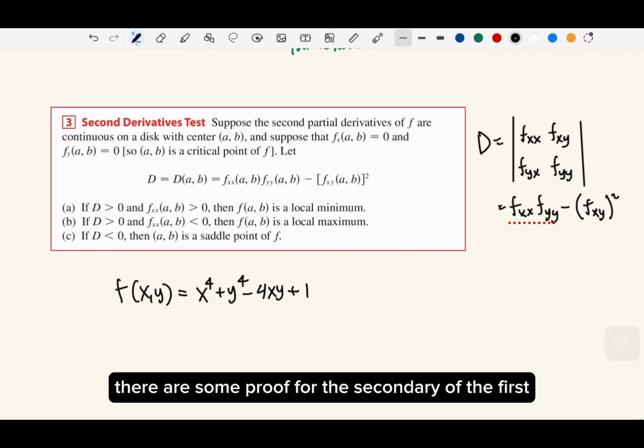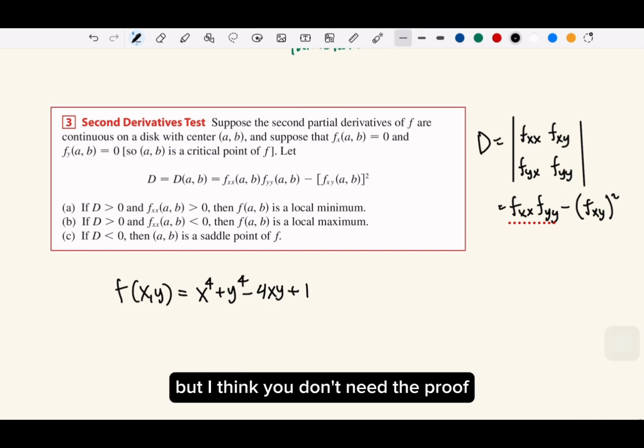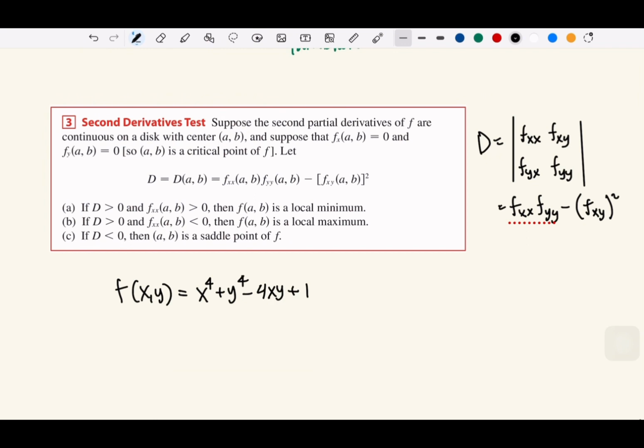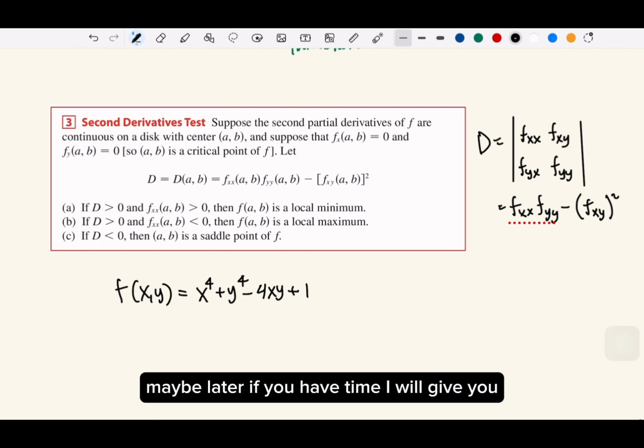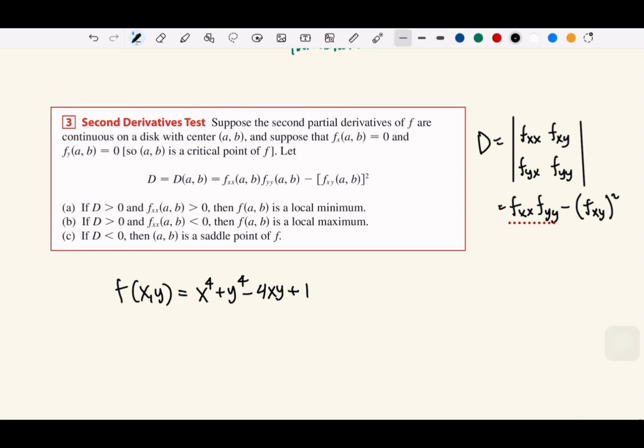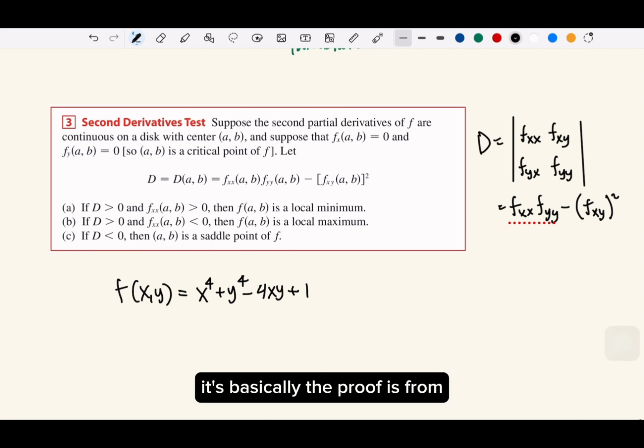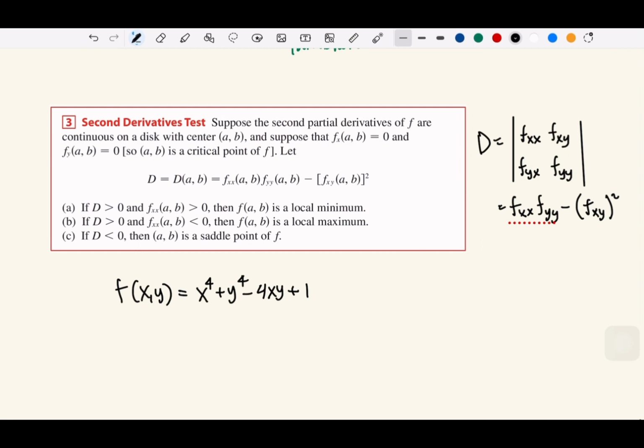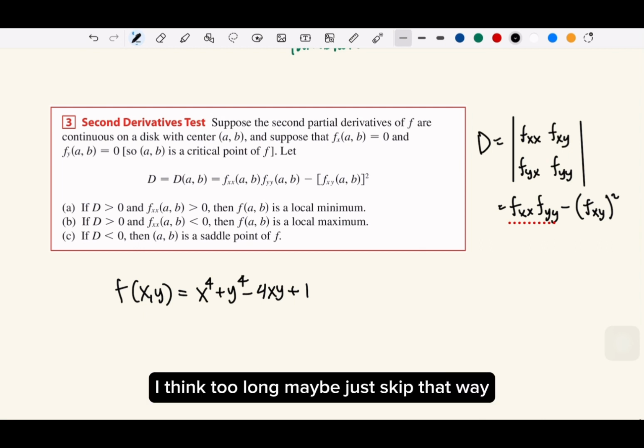There are some proofs for the second derivative test, but I think you don't need to prove it. Maybe later if you have time I will give it to you. It's basically from the directional derivative, but I think it's too long. Maybe just skip that one.